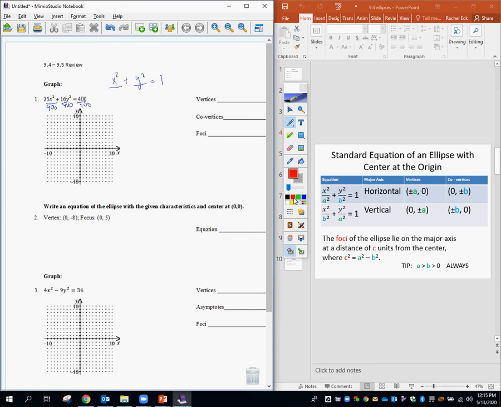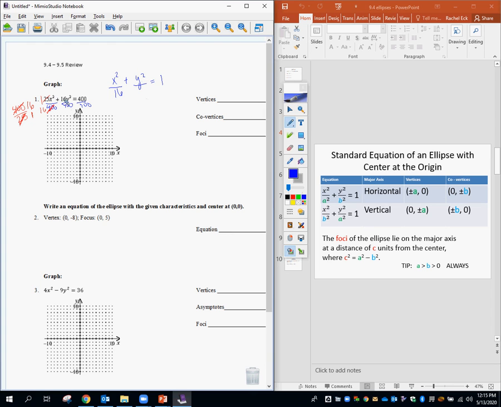A trick that would help is if I had that reversed: 400 over 25, I could type in my calculator and it would give me 16. So what it really stands for is 16 over 1, but it's the reverse of that. It's 25 over 400, so the 16 would be down here and the 1 would be up top.